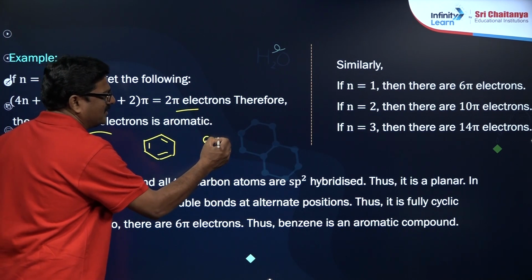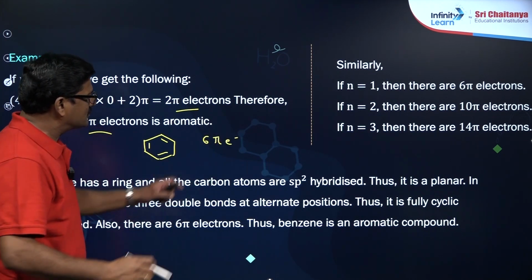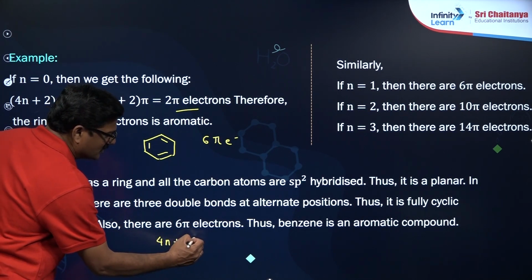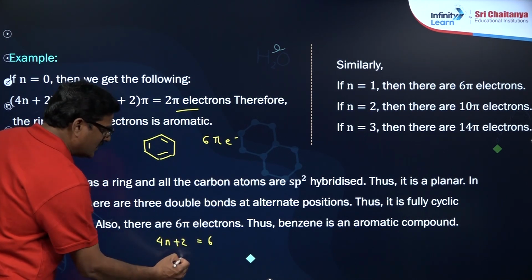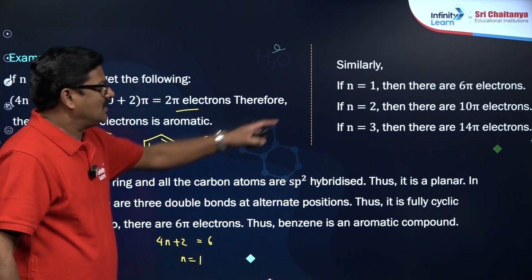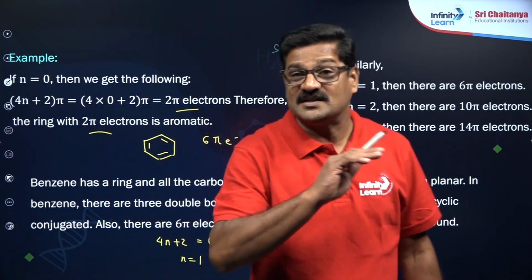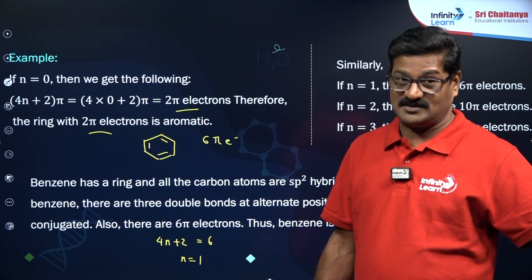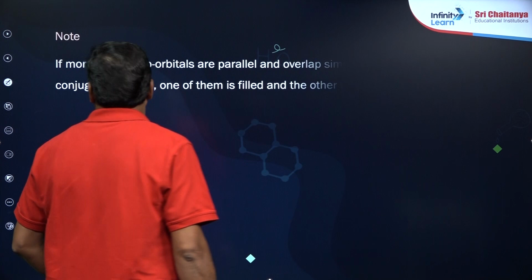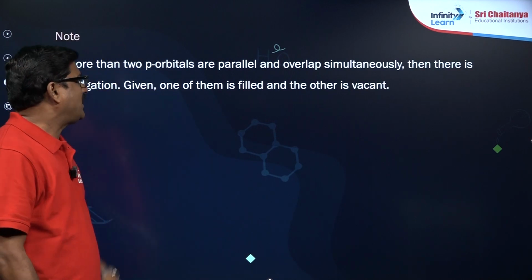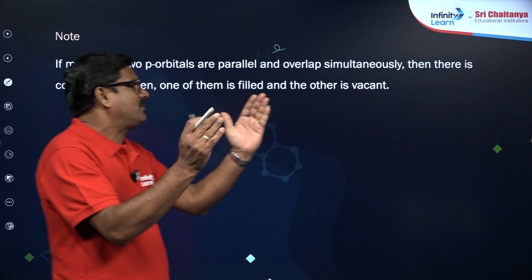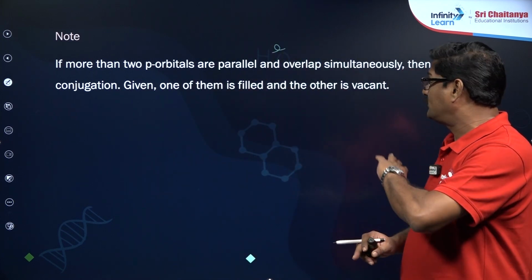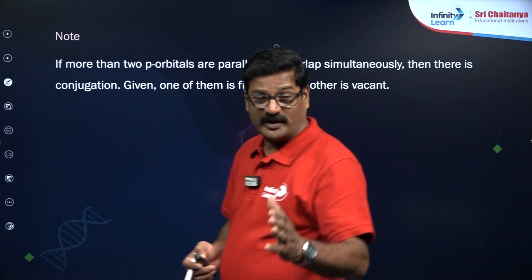When you solve 4n plus 2, it comes to 6 and n is 1. Like that you have to take it. If n is not an integer, it is supposed to be anti-aromatic. Also, the p orbitals must be parallel and overlapping simultaneously, with conjugation, where one is filled and the other is vacant.